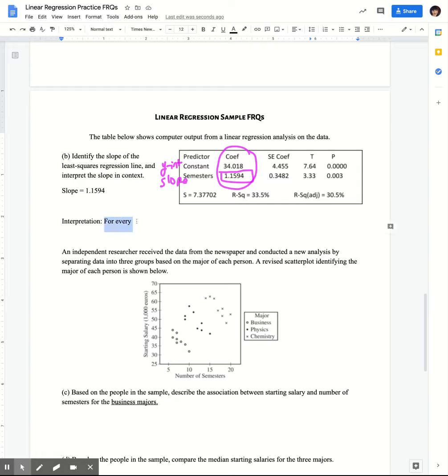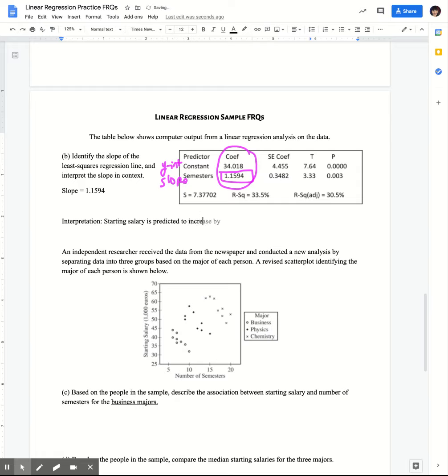Actually, no, I'm going to write it a different way. Sorry, I want to make sure that I write it the same way that I've taught you guys with the script. So you put your y variable, which is starting salary. So starting salary is predicted to, and then you say increase or decrease.